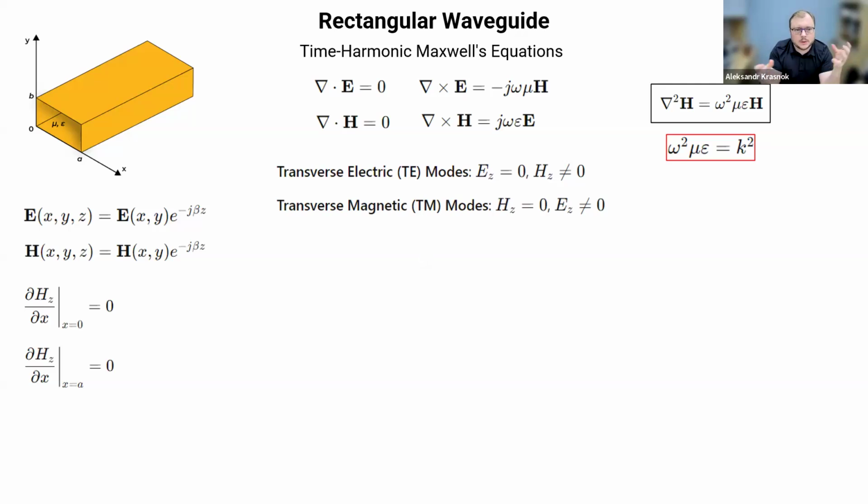But we can consider these two cases independently because the system is linear. We will be discussing just TE, because it's the more important case. The discussion for the TM is exactly the same.